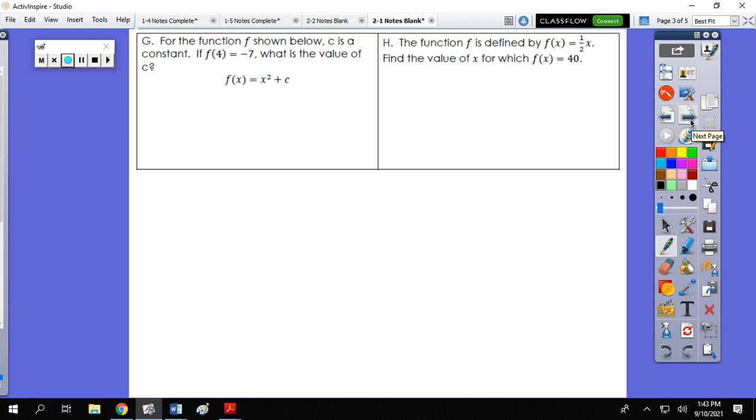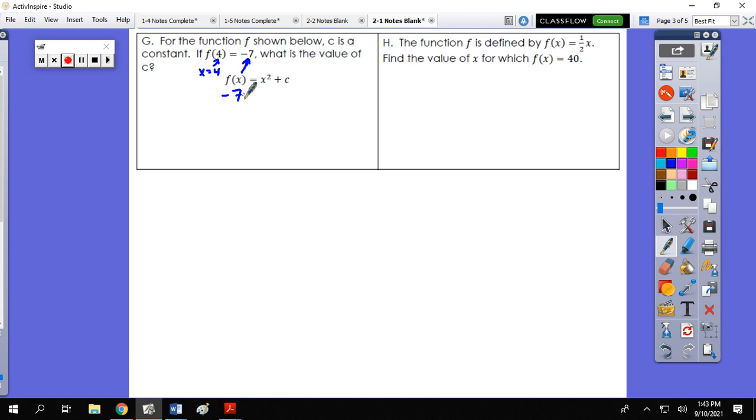Okay, on letter G, it says for function f shown below, c is a constant. If f of 4 equals negative 7, what is the value of c? Well, what they've done there is they have given us an x value of 4 and an f of x value of negative 7. So we're going to plug those values in.